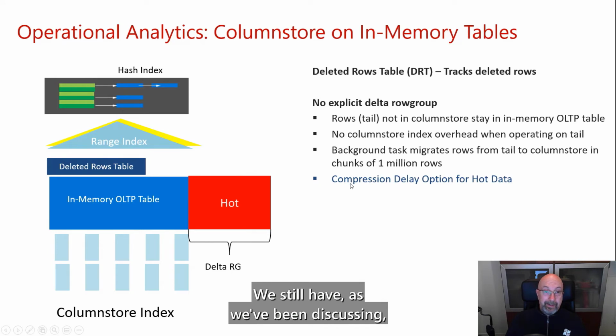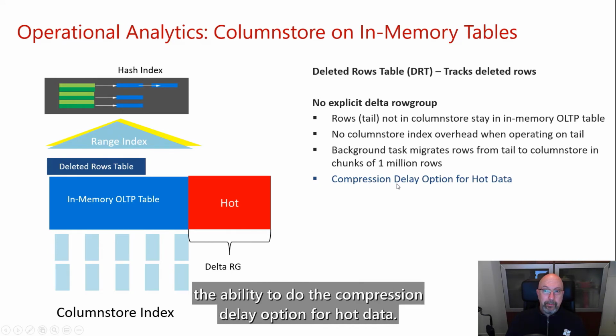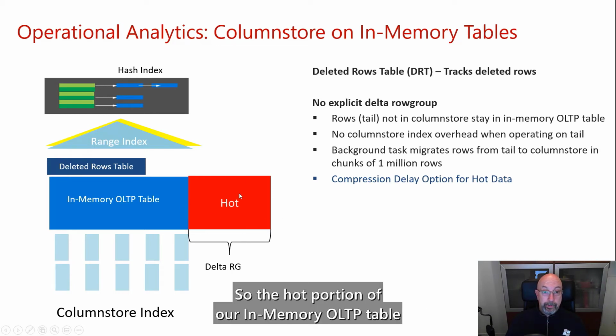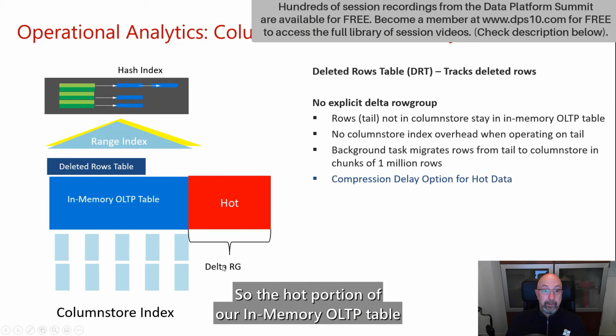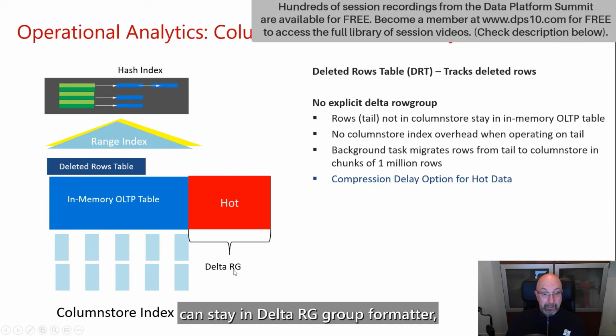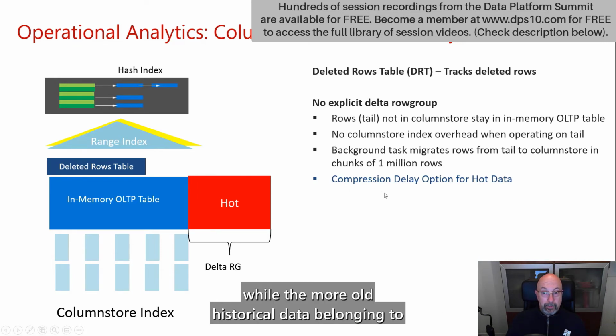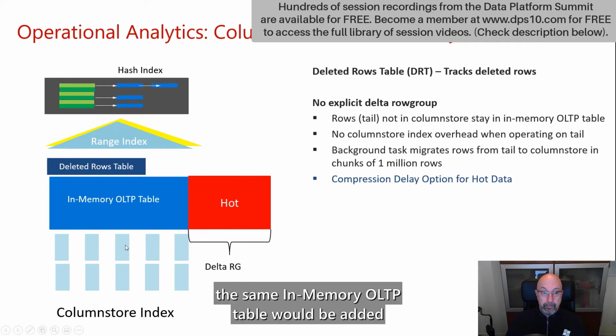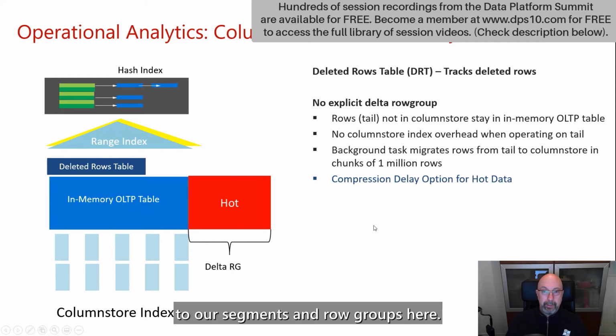We still have, as we've been discussing, the ability to do the compression delay option for hot data, right? So the hot portion of our in-memory OLTP table can stay in the delta row group format, while the more old historical data belonging to the same in-memory OLTP table will be added to our segments and row groups here.